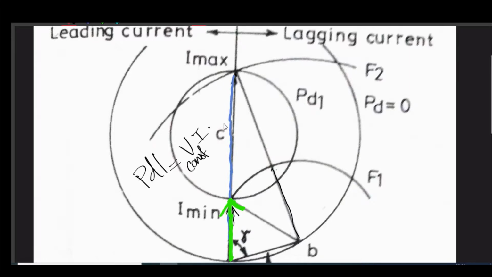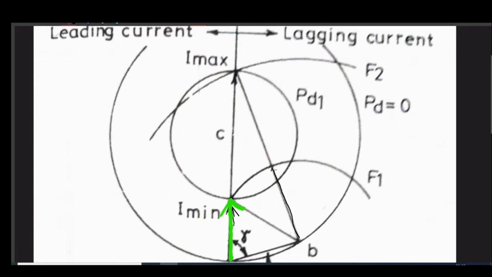But PD1 represents only one power physically, not two powers. Either it should be V constant with I min, or otherwise V constant with I max. And if we have I min not equal to I max, this leads us to an impractical condition that is not realizable.